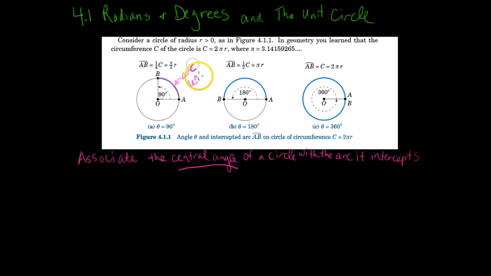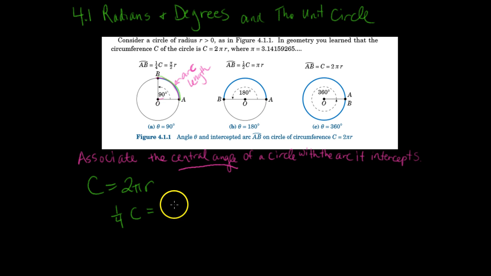Okay, so when we're trying to set this up, we can begin by saying, do you remember from geometry that circumference is equal to 2 pi r? So what happens if you take 1/4 of your circumference? What does that represent?